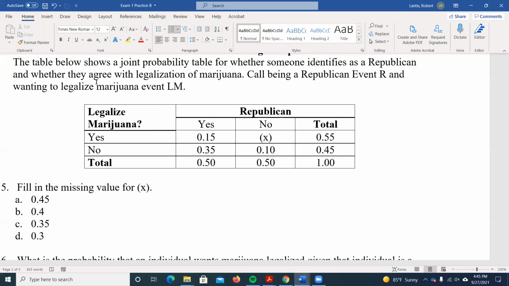I think we might have found this earlier, because the intersection of these two events is what? 0.15. The probability of being Republican, not 0.3. What is that? That's 0.5. And that's where we found in that earlier problem that the conditional probability was 0.3.